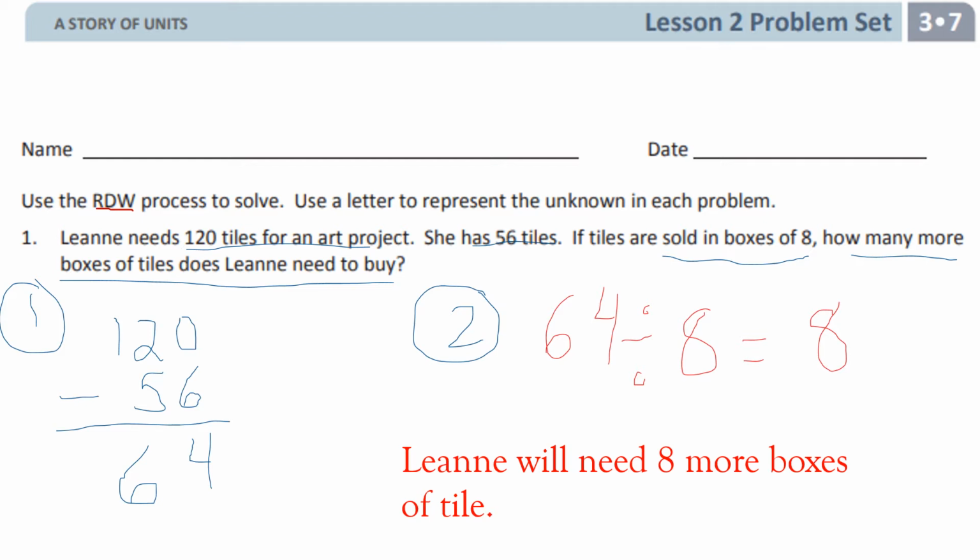I can just do the numbers, make it simple, and write my answer. I did 64 because that was this number divided by 8, which is here, and 64 divided by 8 is 8.